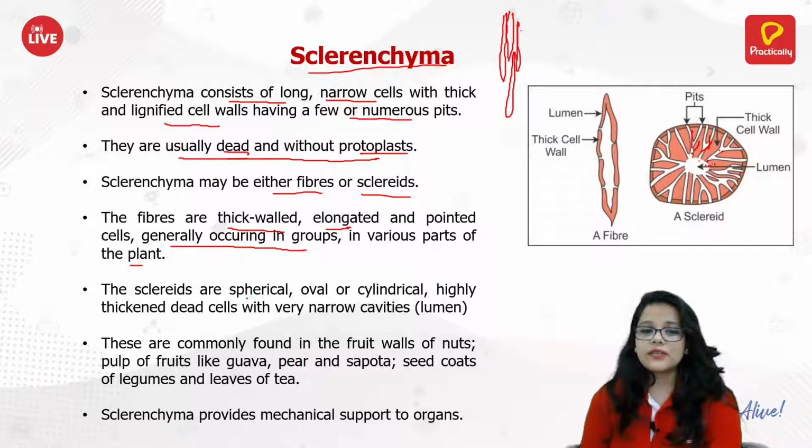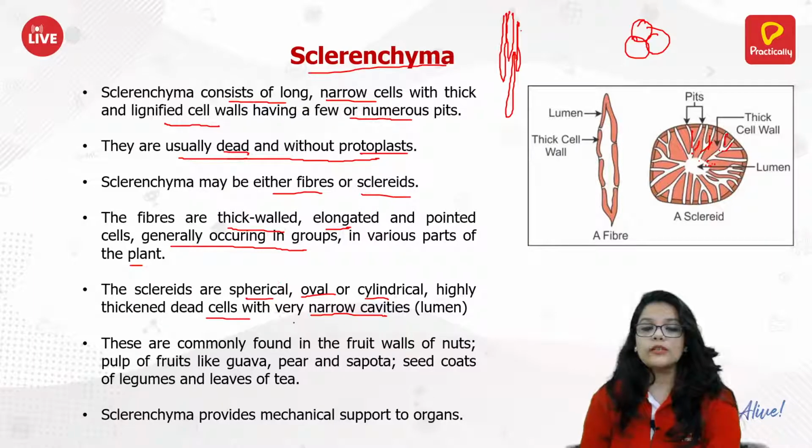The sclereids are spherical, oval, cylindrical, highly thick and dead cells with very narrow cavities. They have cavities and they have pits. This is a bit roundish in nature because they're sclereids.